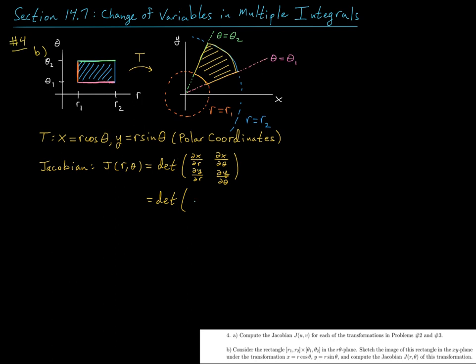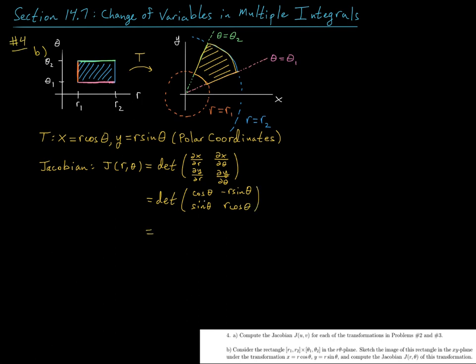Okay, so let's go ahead and compute these. The r derivative of x would be cos theta. The theta derivative of x would be minus r sine theta. And then the r derivative of y, that'd be sine theta. And then the theta derivative would be r cosine theta.